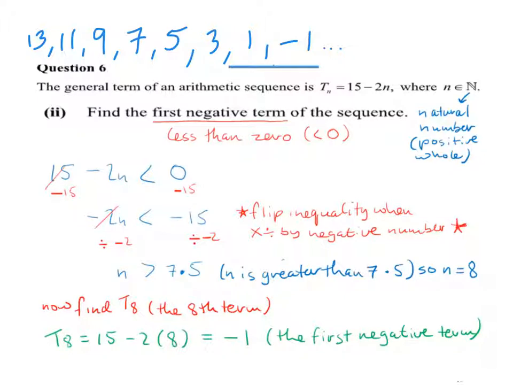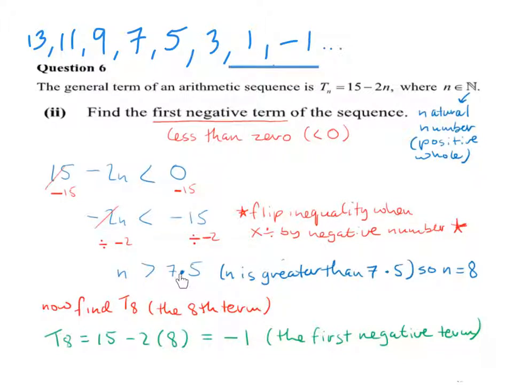Then to get the n on its own, we divide both sides by minus 2. Dividing minus 2 by minus 2, we get 1n, and 1n and n are the same thing. Then minus 15 divided by minus 2 is positive 7.5, because a minus divided by a minus gives us a plus.